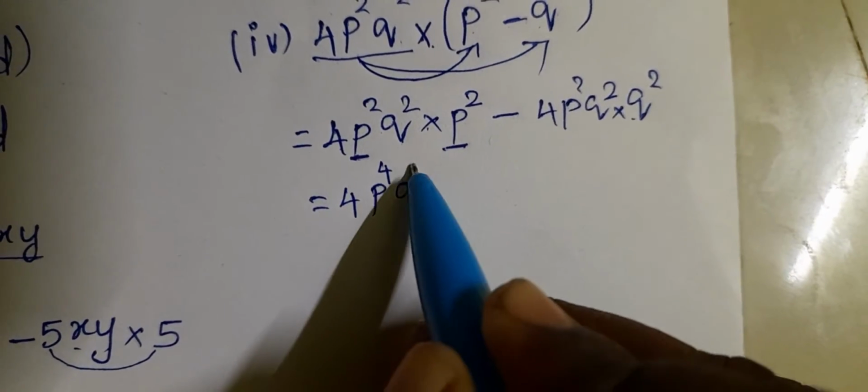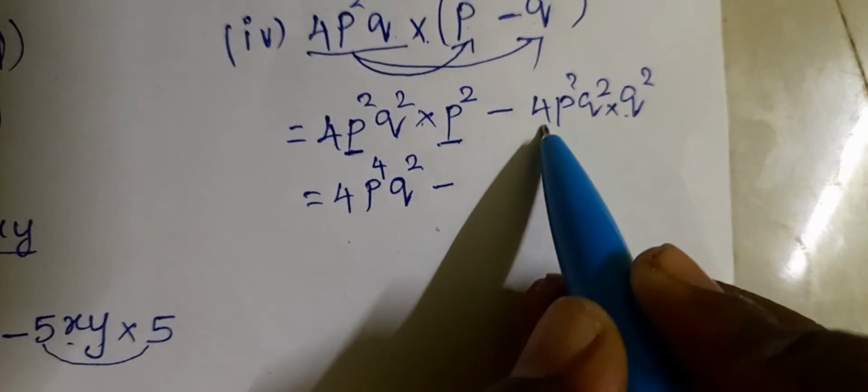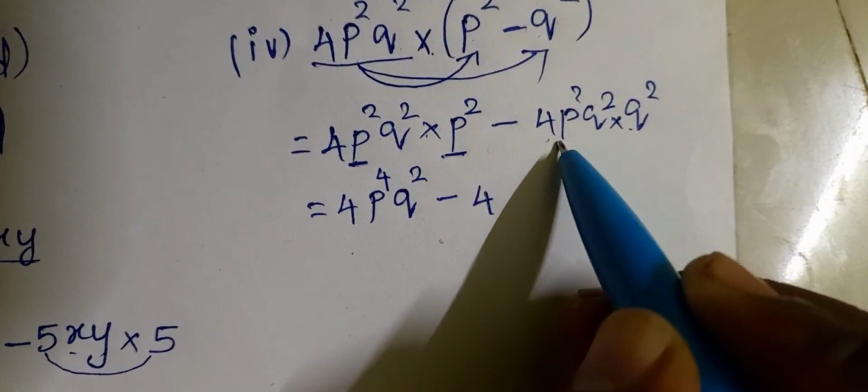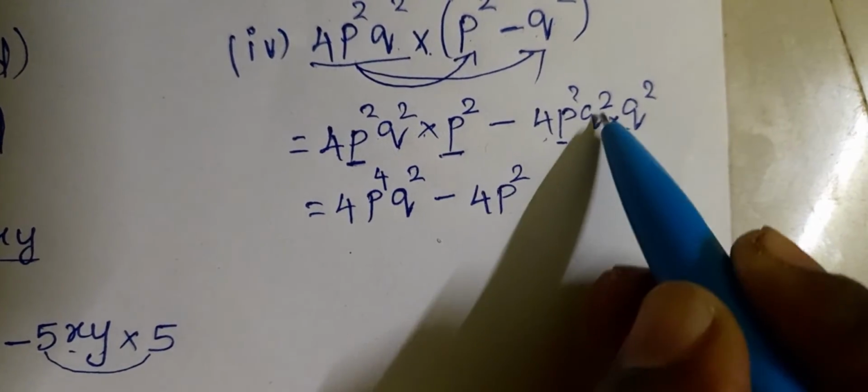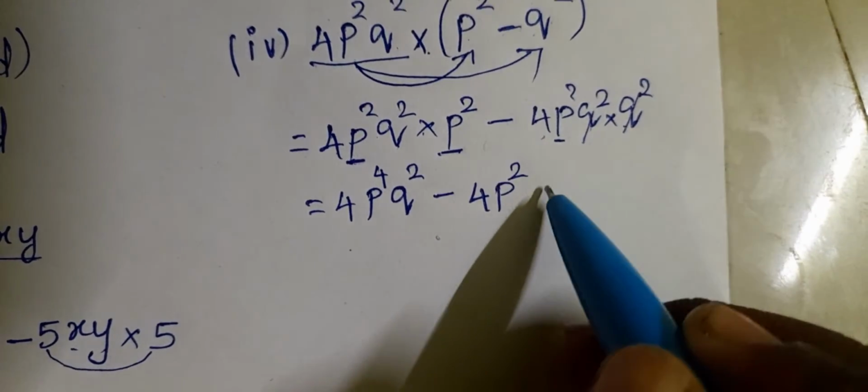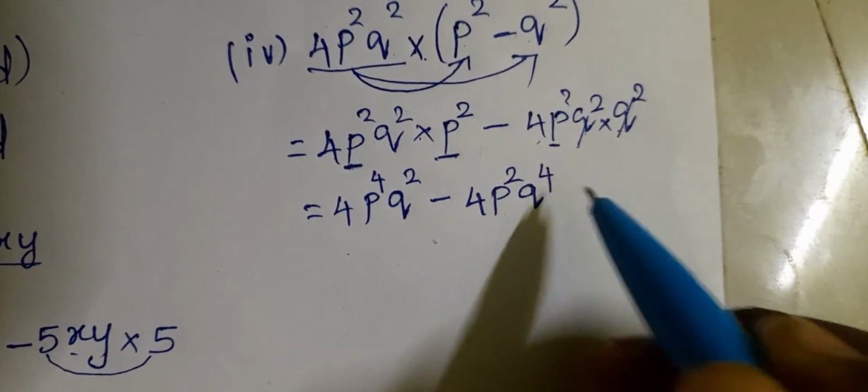Write the q square as it is, minus 4 p square. See, q square into q square will be q power 4.